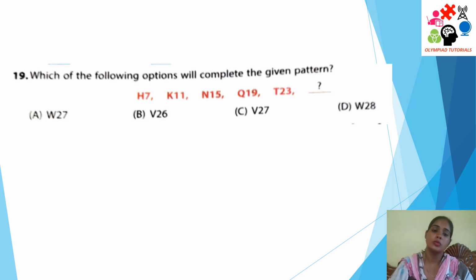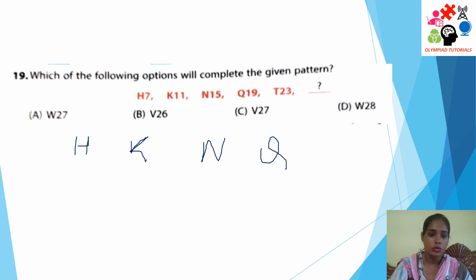Which of the following options will complete the given pattern? Here you have a pattern H7, K11, N15, Q19 and so on. If you have a close look, you can see the alphabet series H, K, N, Q. Here there is a relation of plus 3. H plus 3 will give you K, K plus 3 will give you N and so on.